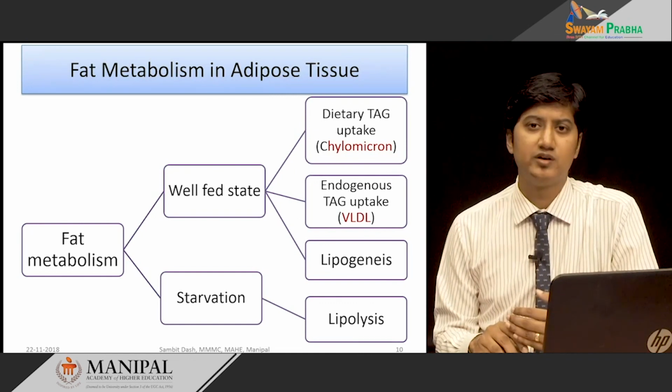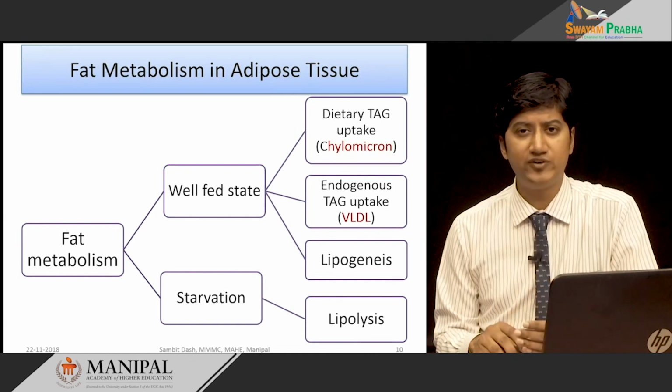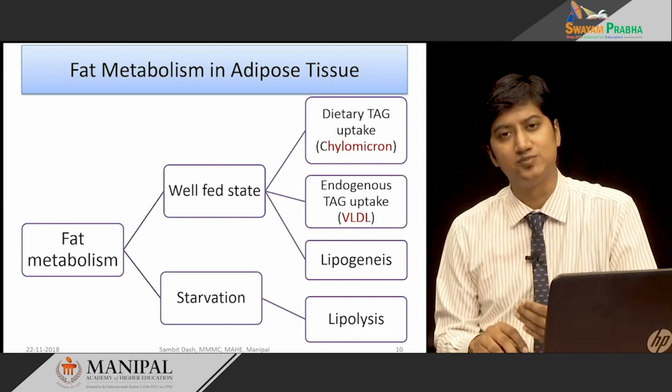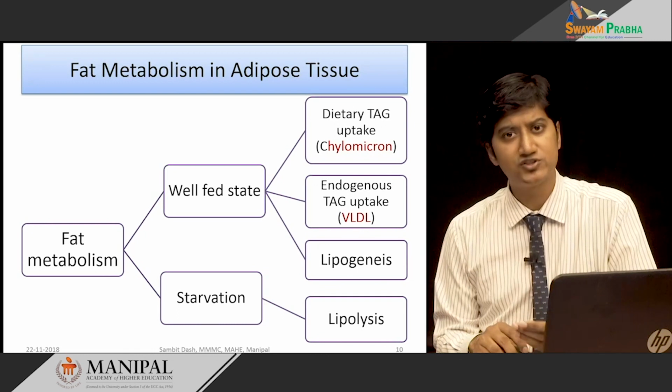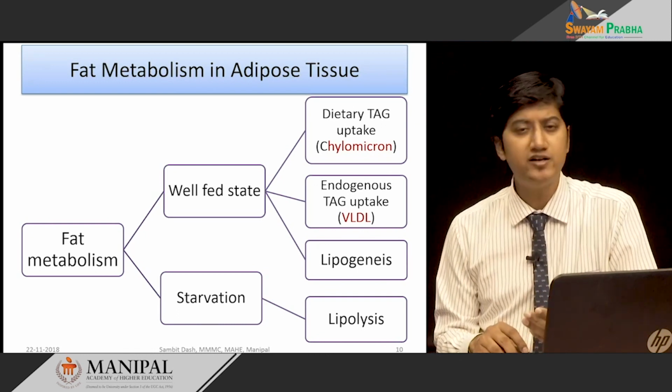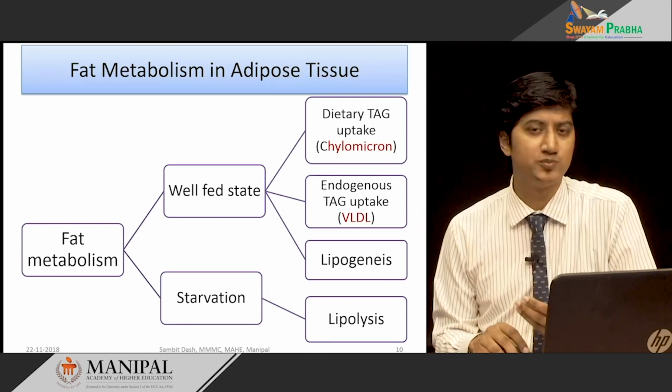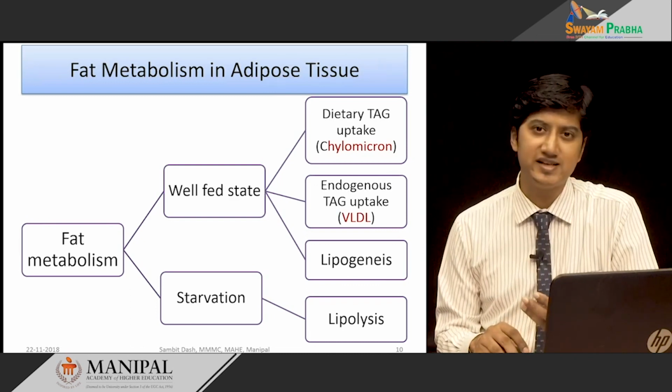So, fat metabolism in the well-fed state is an anabolic process. There is a building up of fat which is stored in adipose tissue, and during a starvation state, it is a catabolic effect where the fat that is stored is broken down as the body needs energy.